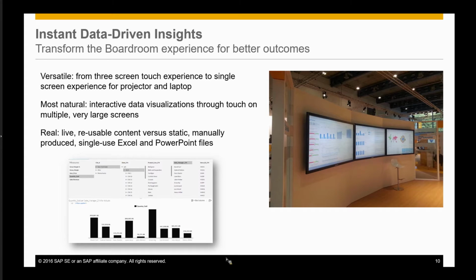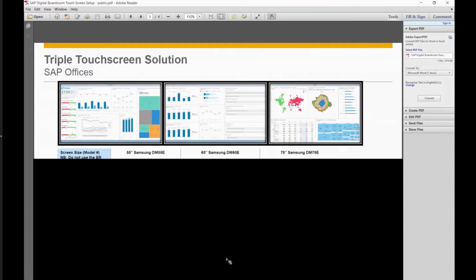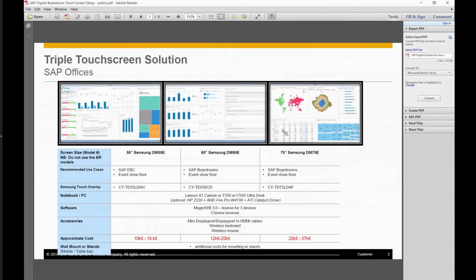Now, I'm just going to pull up a quick slide here, and we actually have this captured as part of our external PAM. A lot of people have often asked what type of hardware configuration is currently supported if I want to try out the three-screen concept.